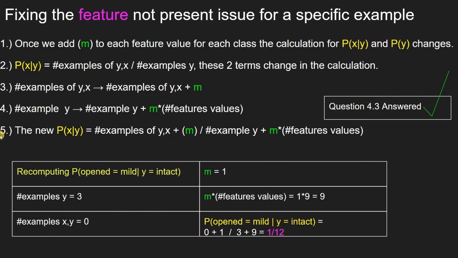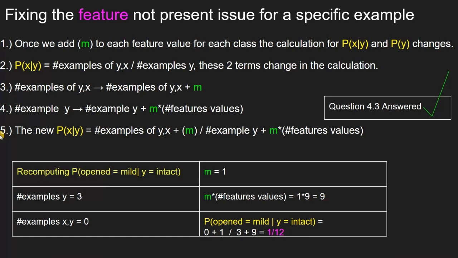So fixing the feature not present issue for a specific example. So once we add m to each feature value for each class, right, as we showed in the histogram earlier, the calculation for the probability of x given y and the probability of y changes, because we're adding m, and that changes the number of examples for each feature and the number of examples of each class, right?